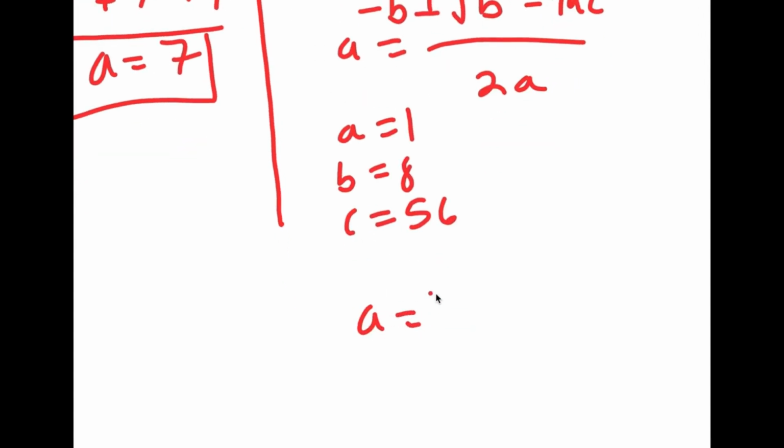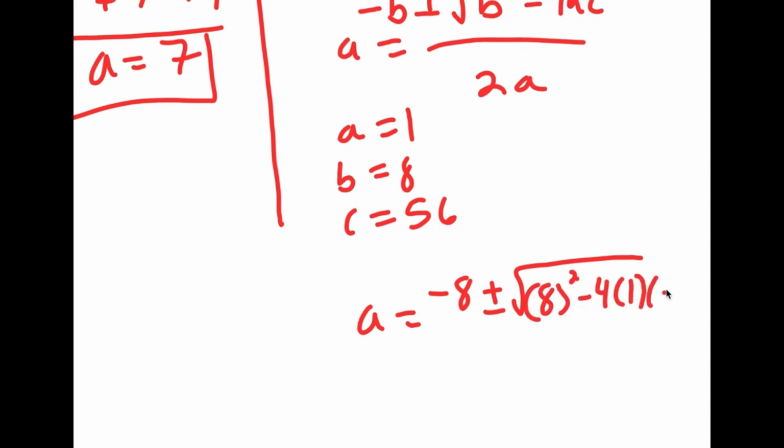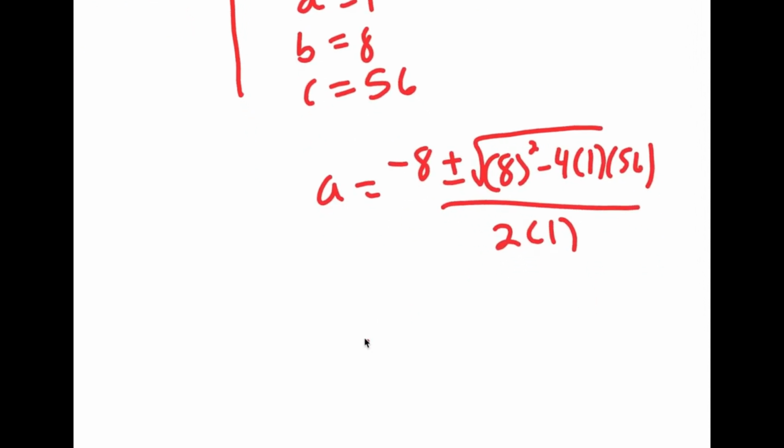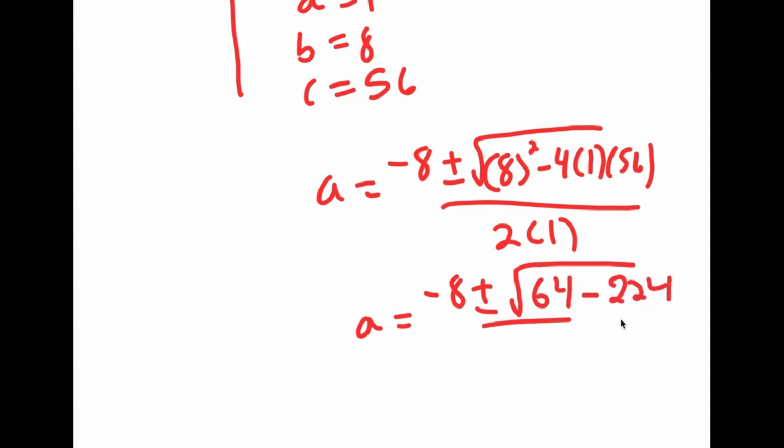So I get a is equal to negative 8 plus or minus the square root of 8 squared minus 4 times 1 times 56 all over 2. And this is equal to negative 8 plus or minus the square root of 64 minus 224, all over 2.